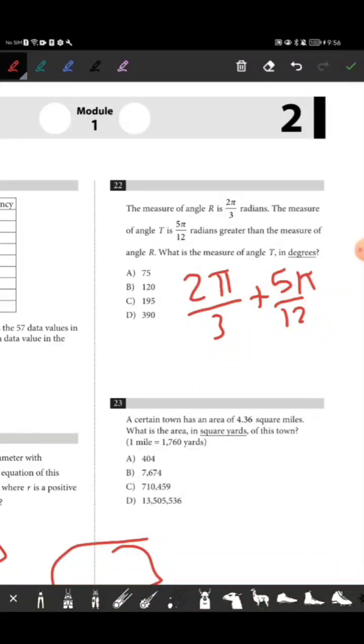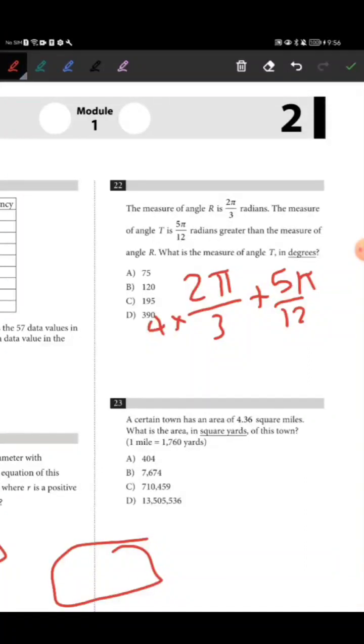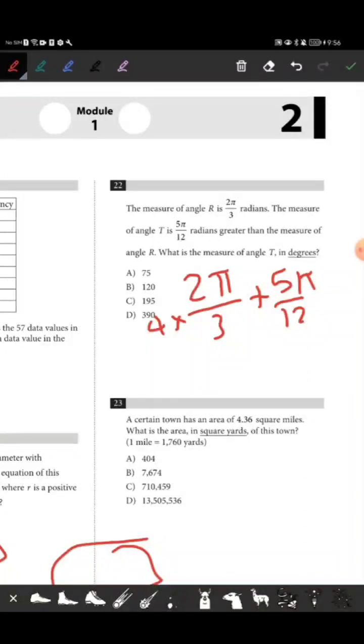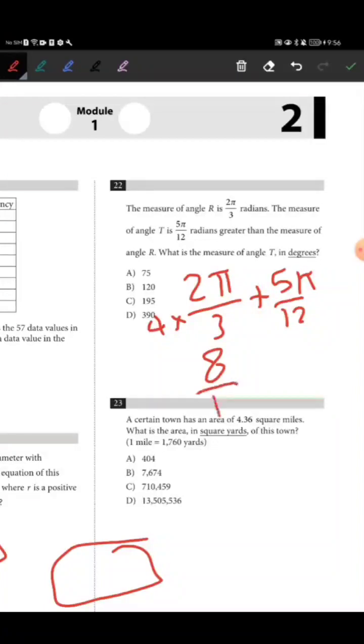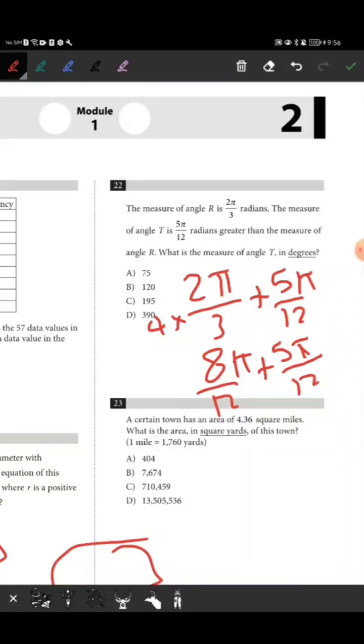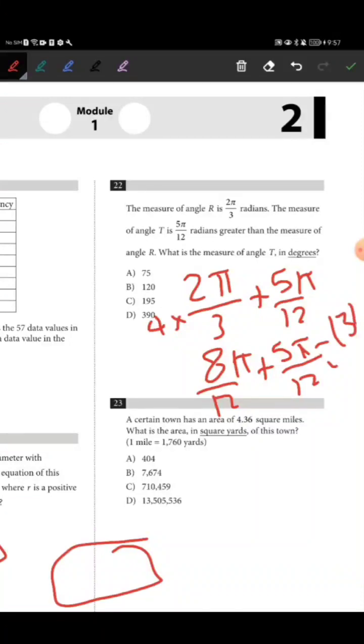So if we multiply this side by 4, it's going to be 8 over 12 pi plus 5 over 12 pi, 5 pi over 12. And this is going to get us 13 pi over 12.